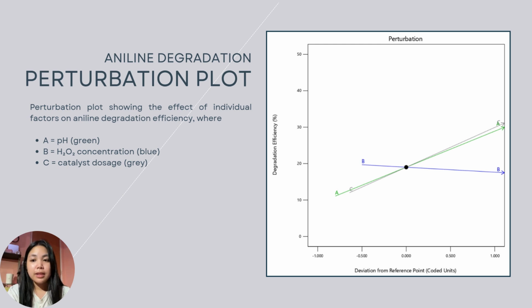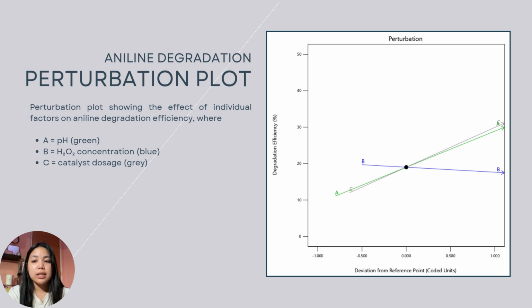The perturbation plot illustrates how sensitive aniline degradation efficiency is to each individual factor, while the other variables are held constant at the midpoint. The steepness of each line reflects the relative influence of that factor.